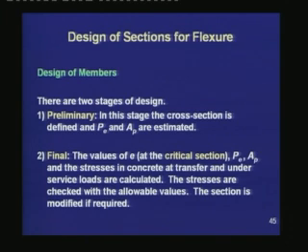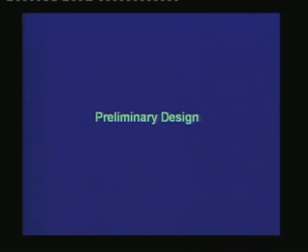In the final design, the values of e, the eccentricity at the critical section, PE and AP are calculated. The stresses in concrete at transfer and under service loads are also calculated. The stresses are checked with the allowable values. If required, the section is modified to satisfy the allowable stresses, and then we check for the ultimate strength.